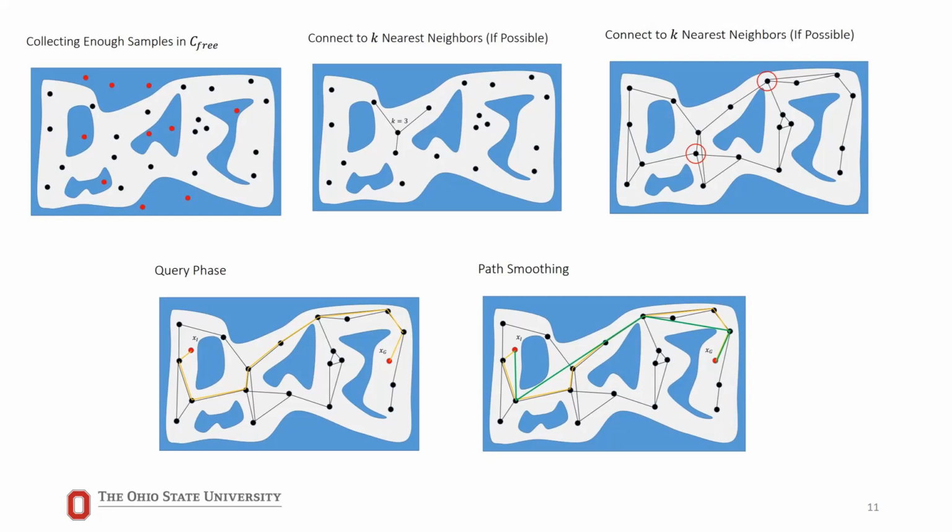Next phase is the query phase, finding a path, the shortest path between. And now you see that maybe it was faster to go directly from here to here, right? So there's always a smoothing algorithm that tries to smooth it to find the shortest, because when you're sampling, you have the x, y, if it's in 2D, of those points, right?